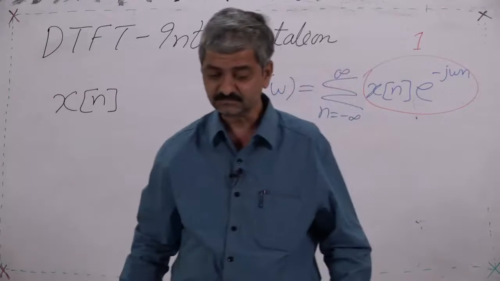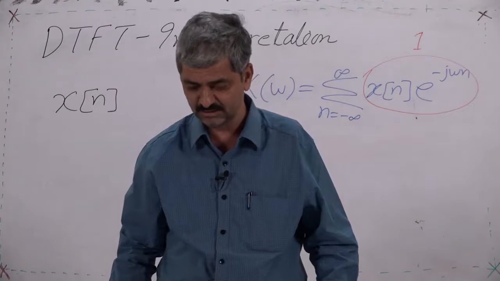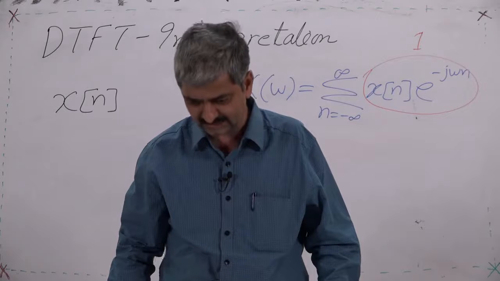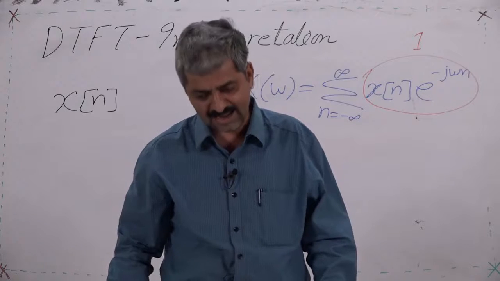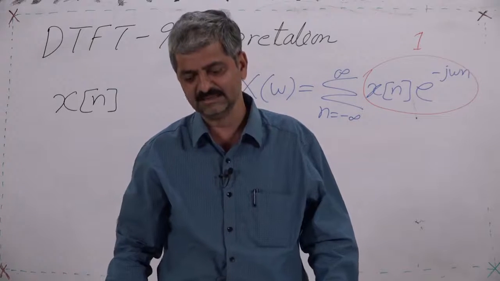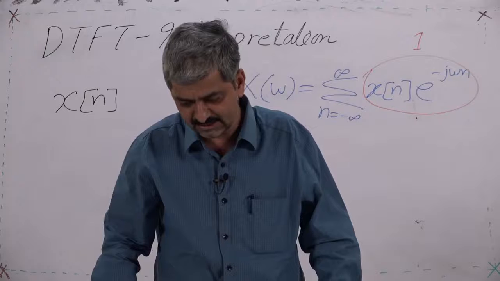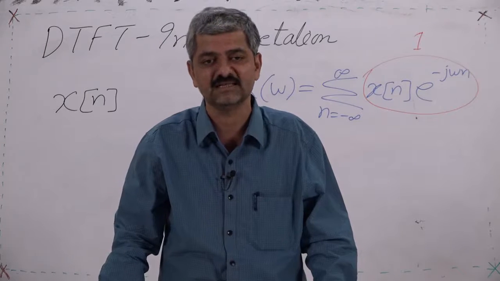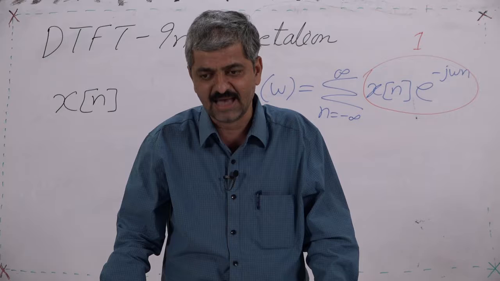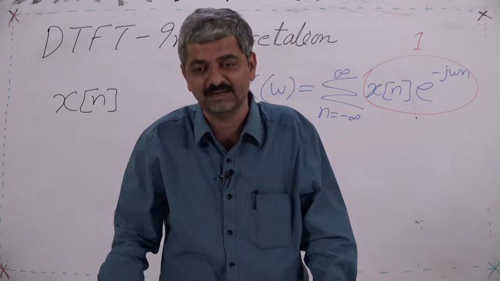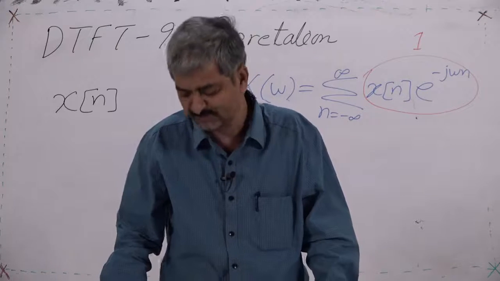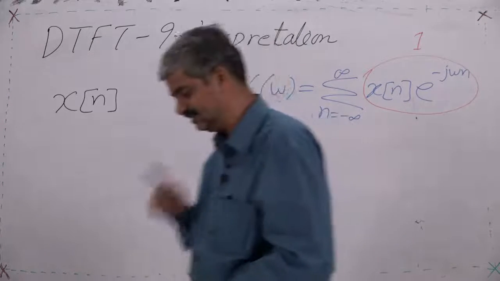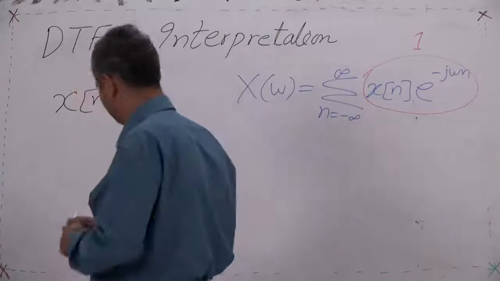Listen again, that is very important. I claim that the xn signal is made up of multiple sub-signals. How many? As you feel appropriate, you can think of infinite also.